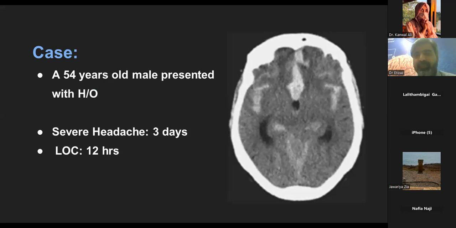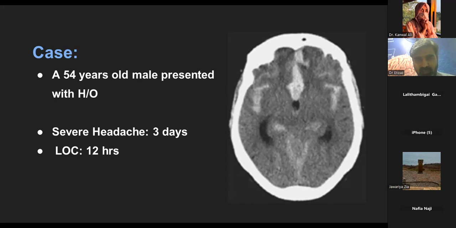I can try, doctor. Yes, sure. Okay, so this is a plain CT brain, non-contrasted, of this 54-year-old patient who presented with severe headache for 3 days and loss of consciousness for 12 hours.